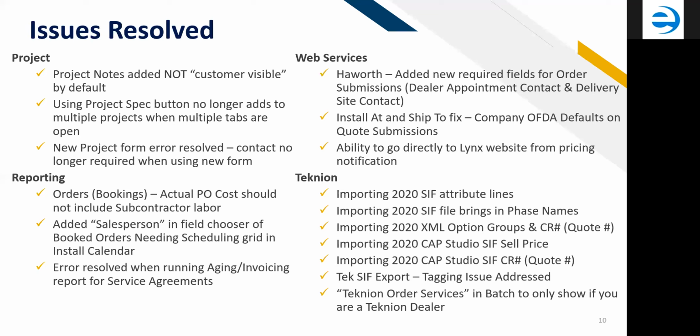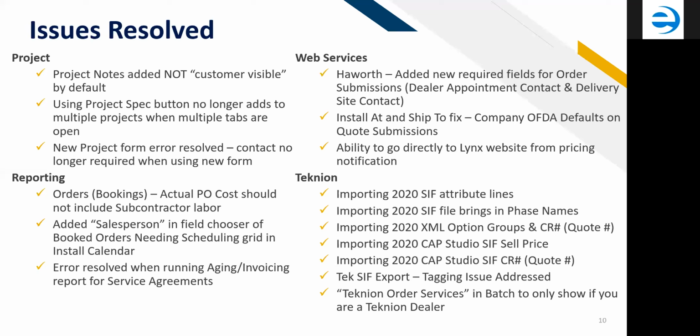As far as web services go, a couple of changes there, issues resolved. For Hayworth, we added new required fields for order submissions. So when you're submitting an order for Hayworth through batch entry, the dealer appointment contact and delivery site contacts are both required fields now.